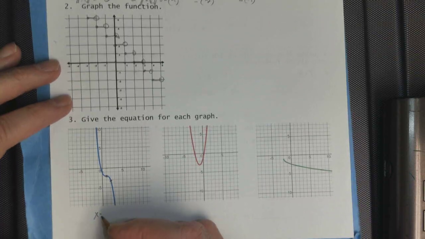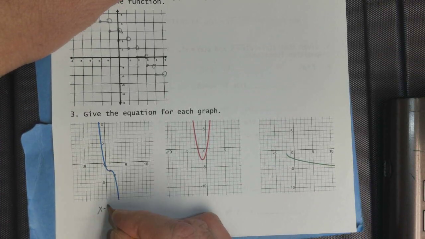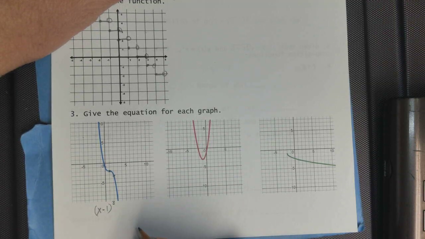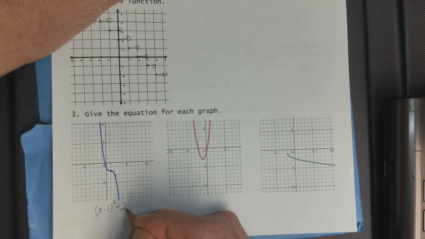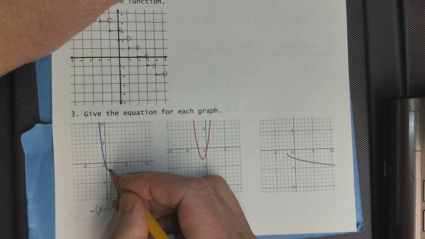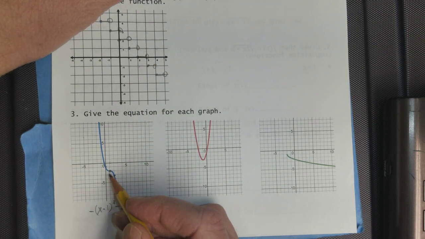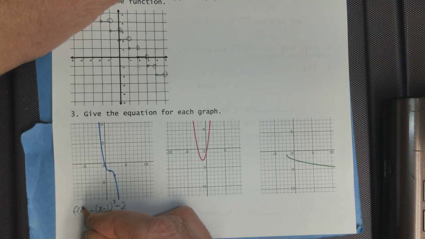So I'm going to go x minus 1 cubed, and then minus 2. But it is negative because it's falling instead of going up. So we flipped it that way, and I'll just put an f of x in here.